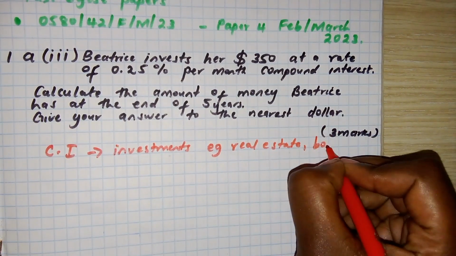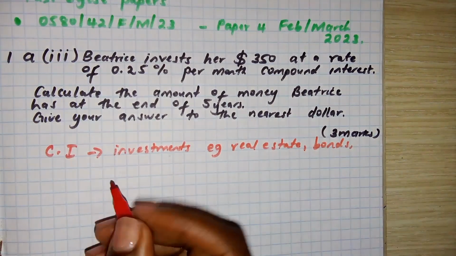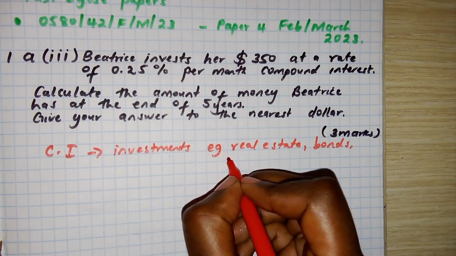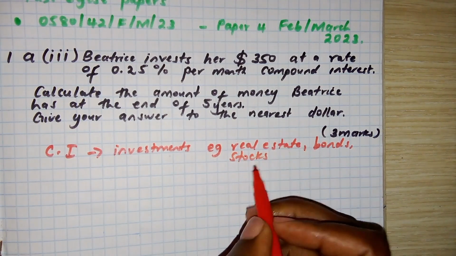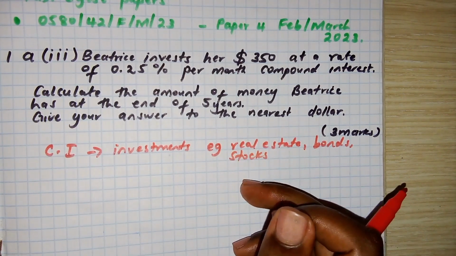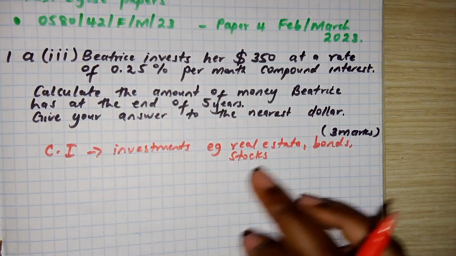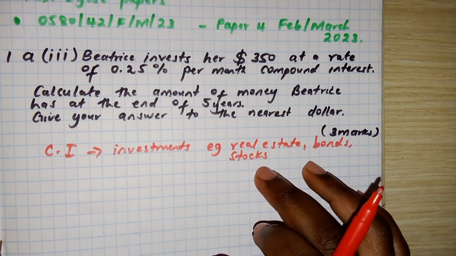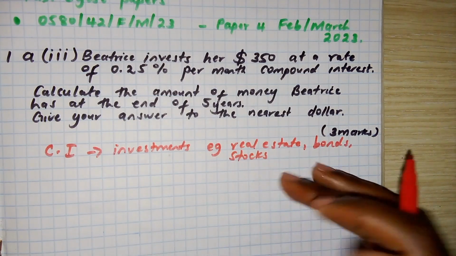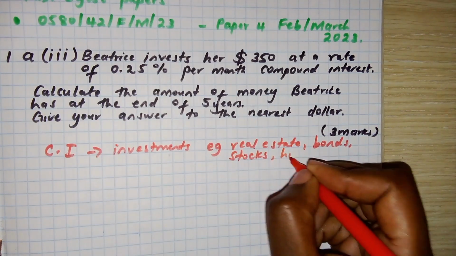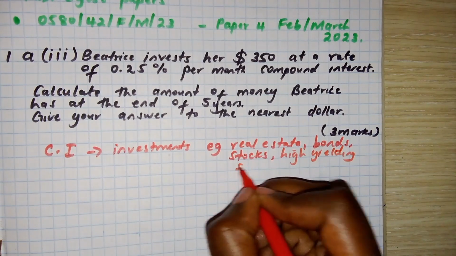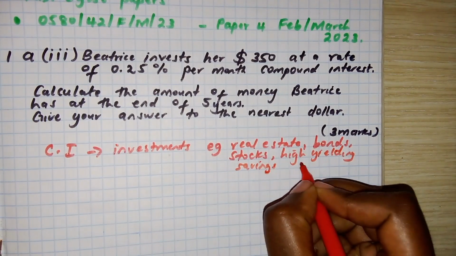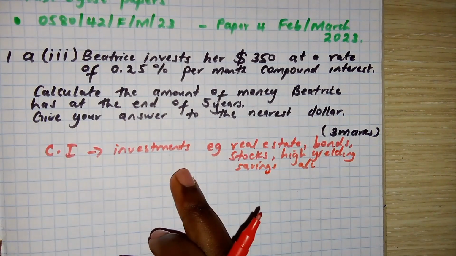You can use compound interest in buying of bonds, even when it comes to stocks, like maybe Safaricom stocks, or if you're in the United States, you can think about Apple stocks. And then maybe we can also consider high yielding savings accounts. So all these use compound interest.